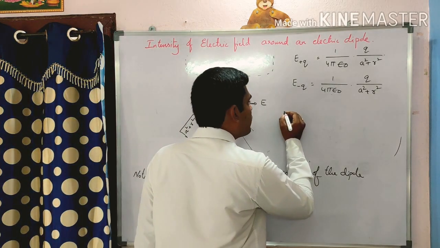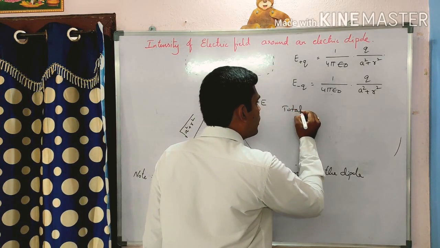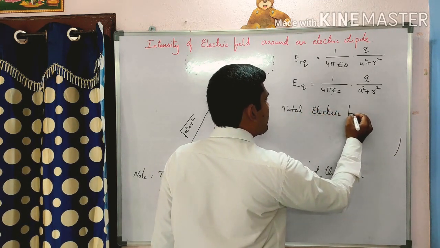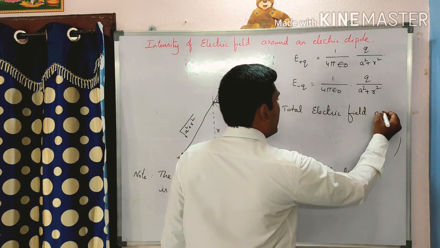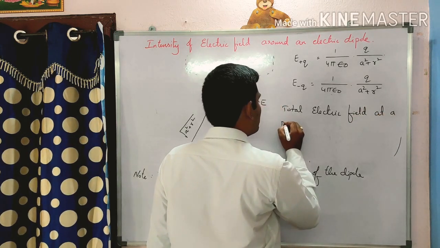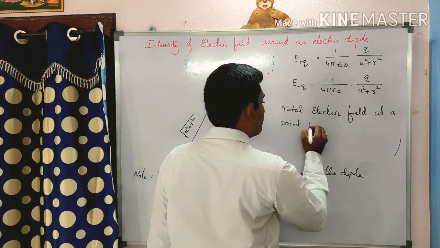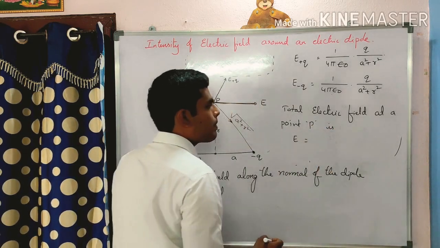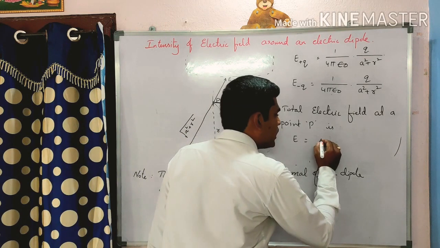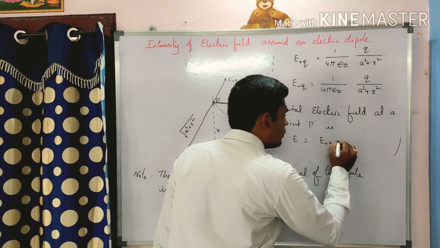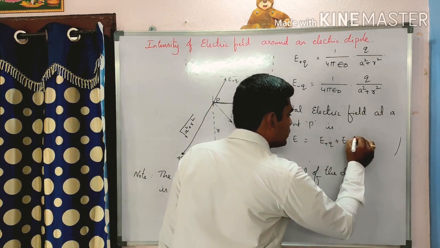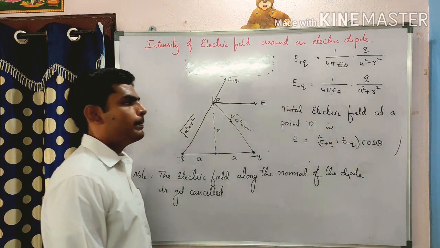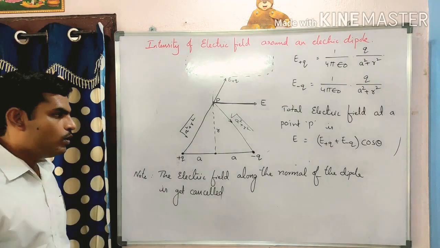Now what is the total electric field at a point P? E is equal to E plus Q plus E minus Q cos theta.